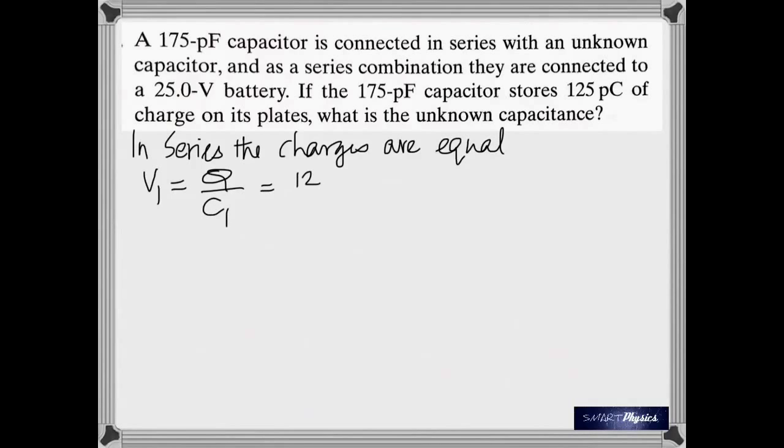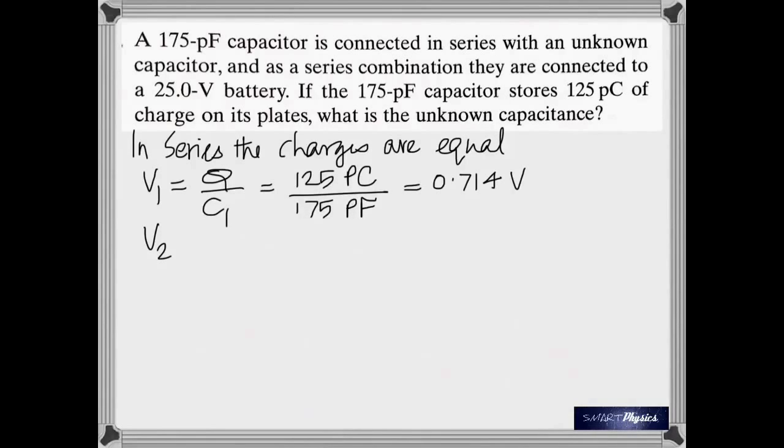The voltage across the first one, because its charge is given, 125 picocoulomb, and its capacitance is given, but the picos will get cancelled and you will get 0.714 volt. Now what about the voltage on the second one?